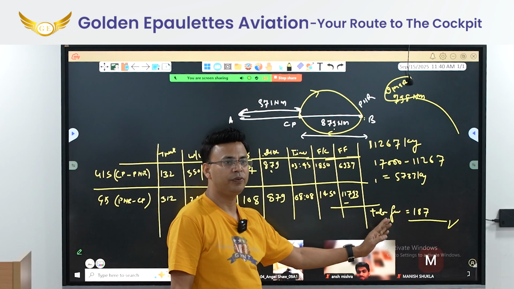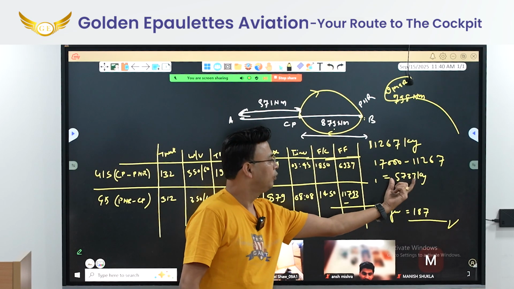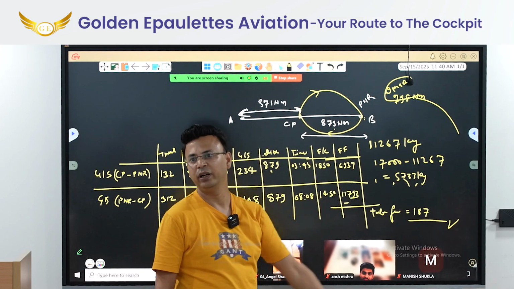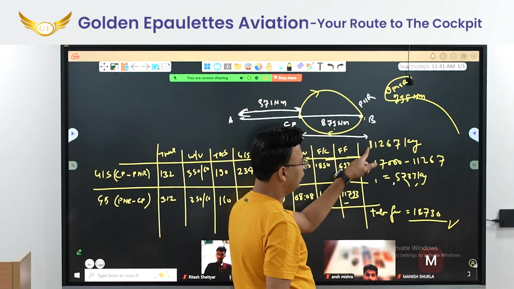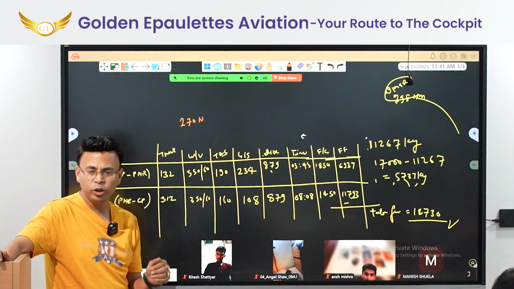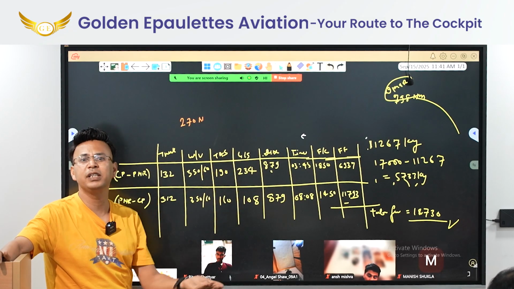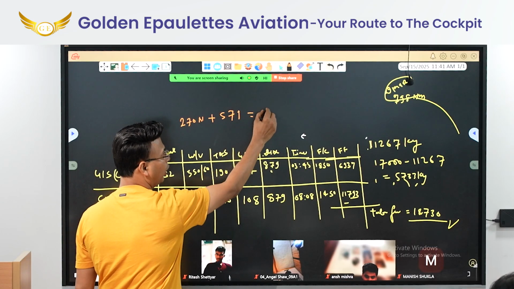For 1 kg of fuel, divide by 18730. So for this much fuel, you get about 270 from CP to PNR. Up to CP, what distance did we already find? 571. So this comes to 840.